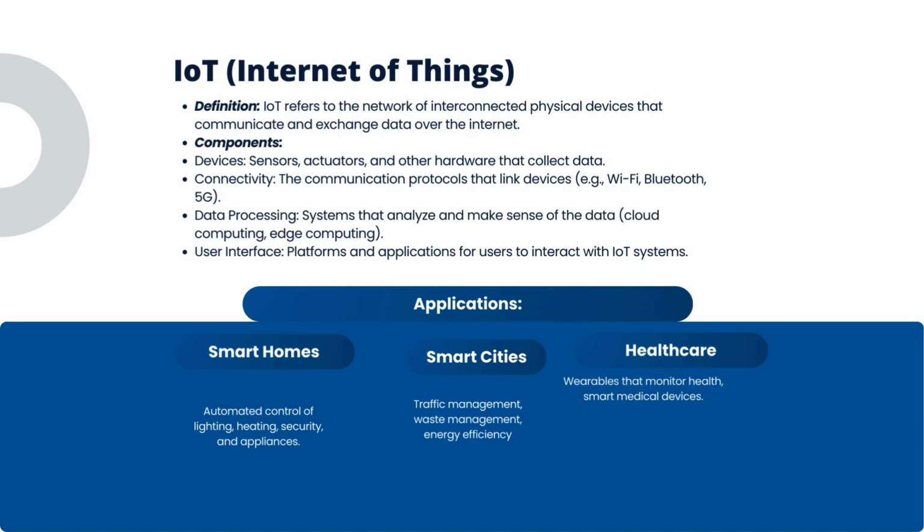And also we have connectivity, just for making those devices communicate. So we have the communication protocols that link those devices, like Wi-Fi, Bluetooth, 5G, 4G, MQTT, and other communication protocols. Also, we have the data processing systems.